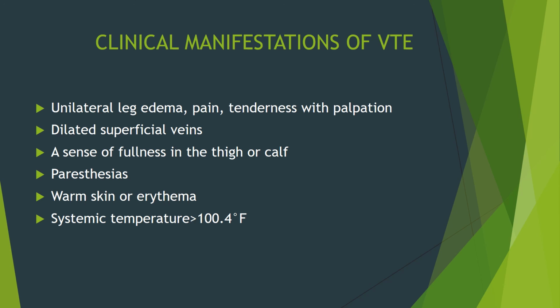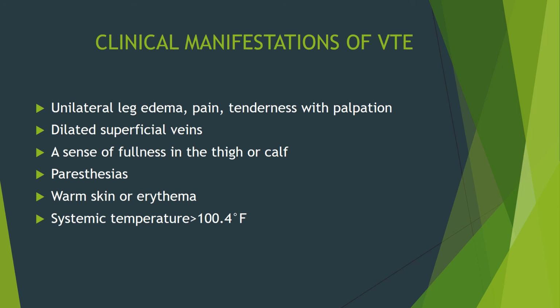So the clinical manifestations of a venous thromboembolism, and this is if you're lucky enough to have a symptom. Many people don't have any symptoms. But they might have unilateral leg edema, pain, or tenderness with palpation, a dilated superficial vein, a feeling of fullness in the thigh or calf, a paresthesia, again, that is a numbness or tingling, warm skin or erythema.